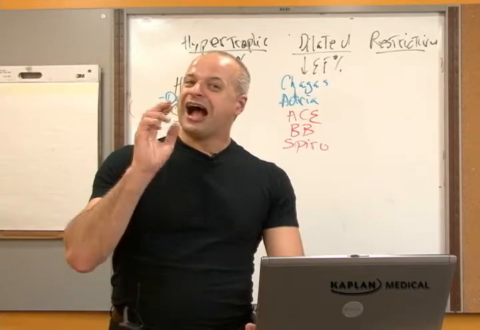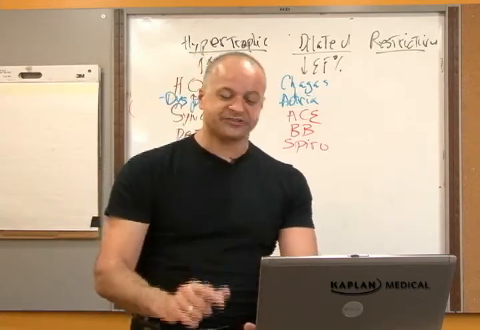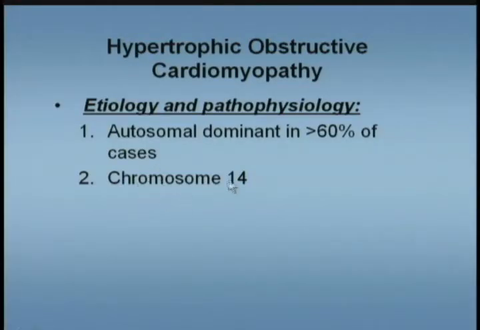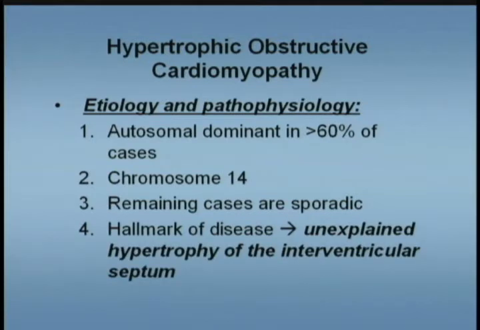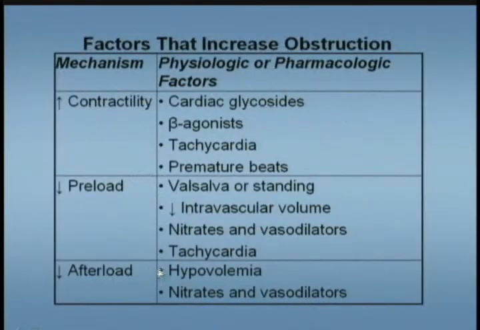Remember, hypertrophic obstructive cardiomyopathy is genetic. Hypertrophic cardiomyopathy from hypertension is different. You get hypertrophy and it makes you short of breath.